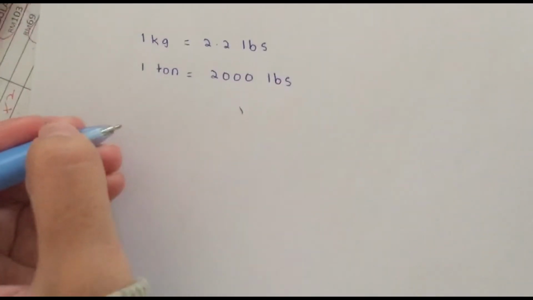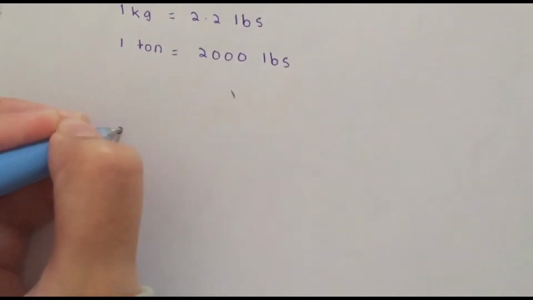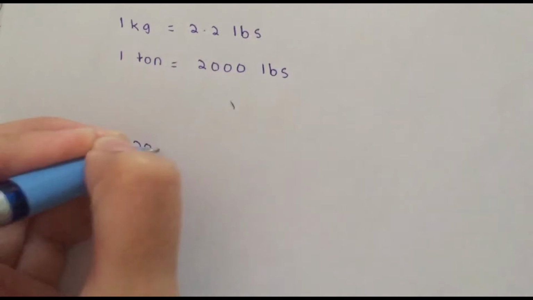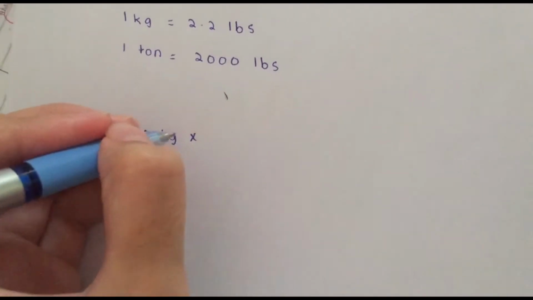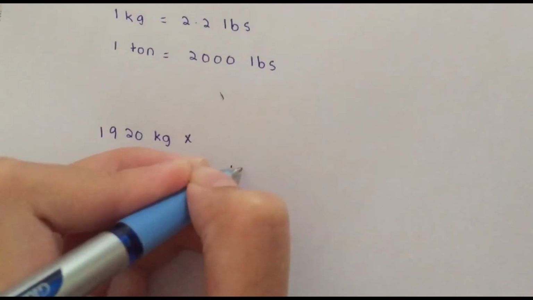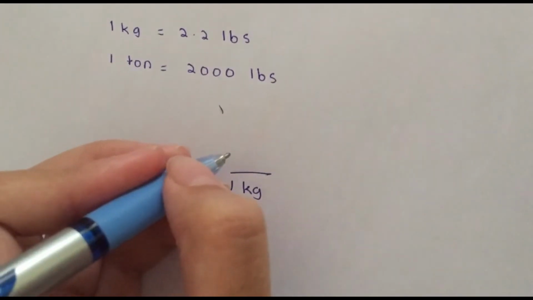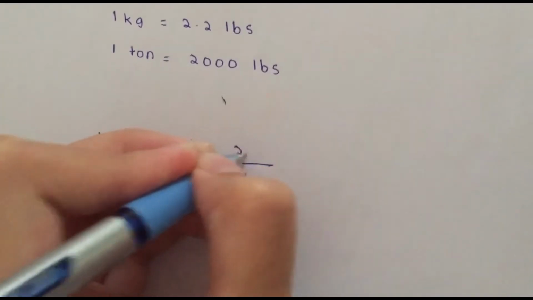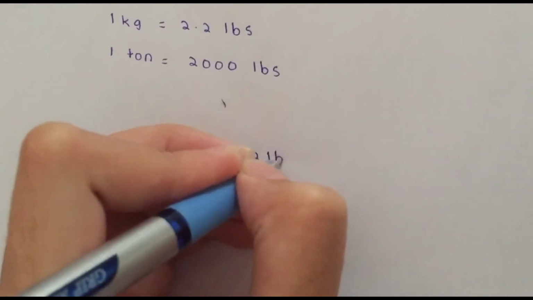So, how do we do it? Firstly, we take the 1920 kilogram and we want to cancel out the kilogram first, so we must put the kilogram at the bottom, and at the top we put 2.2 pounds.